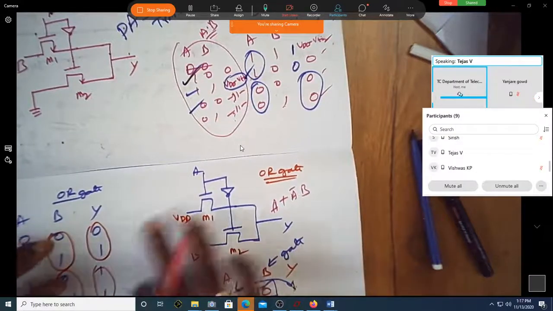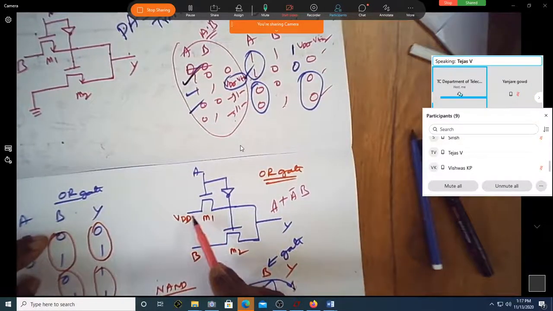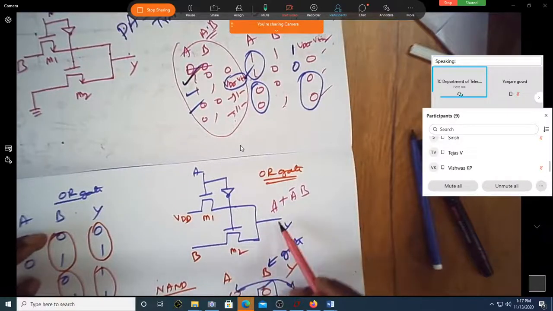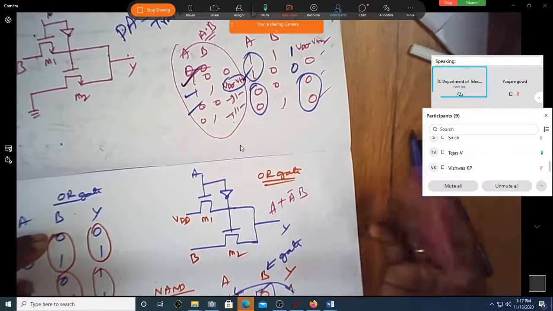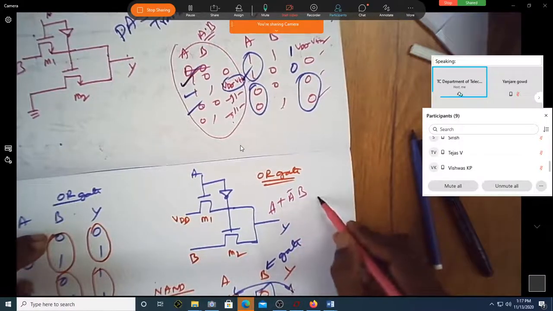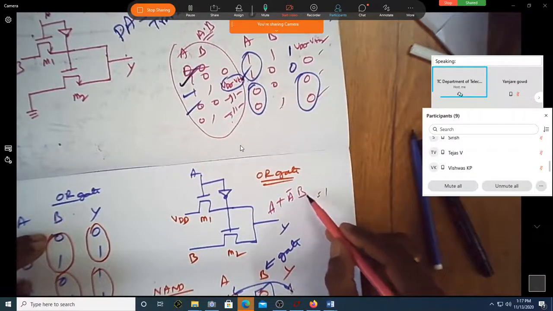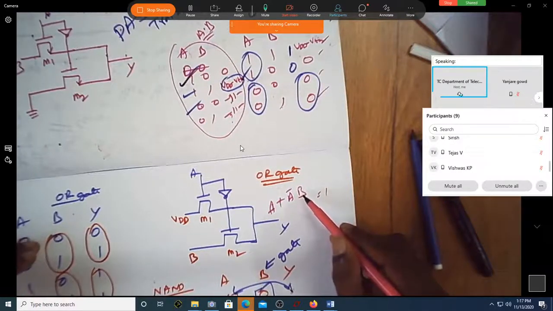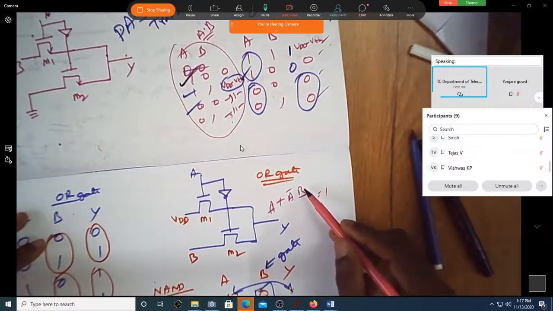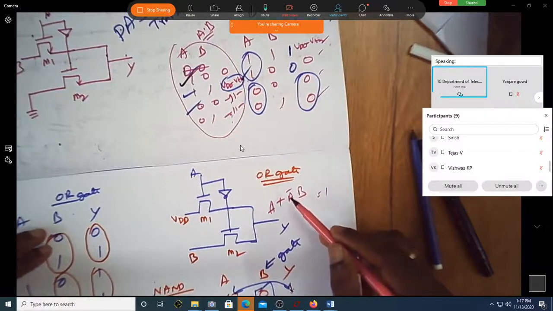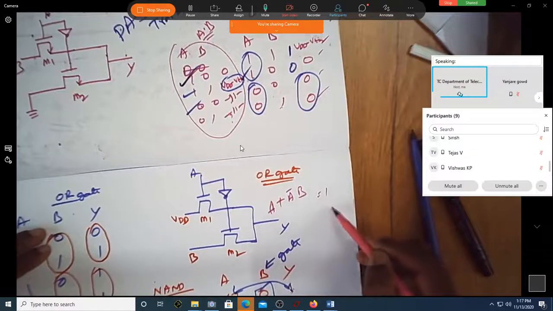Of course, you can verify function wise this is like an OR gate. Even otherwise also it will be an OR gate. Suppose you write the truth table for this one, it will be the same. If A is equal to 1, output is always 1. If B is equal to 0, what happens? Only when A is 0 and B is 0, then you will get 0.